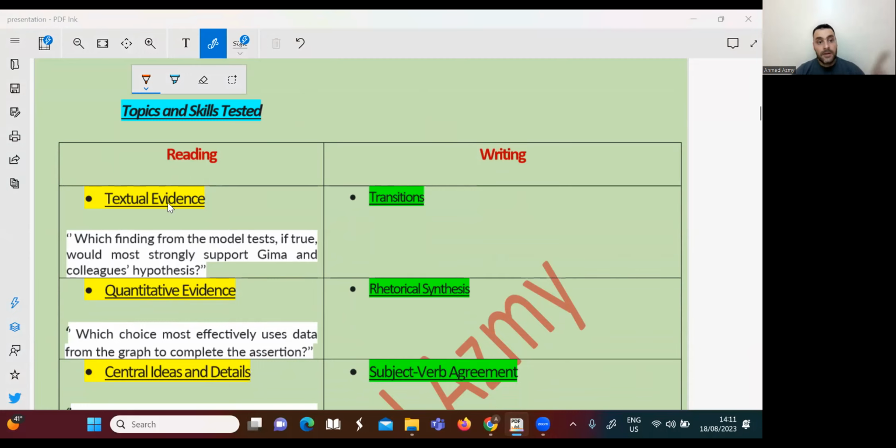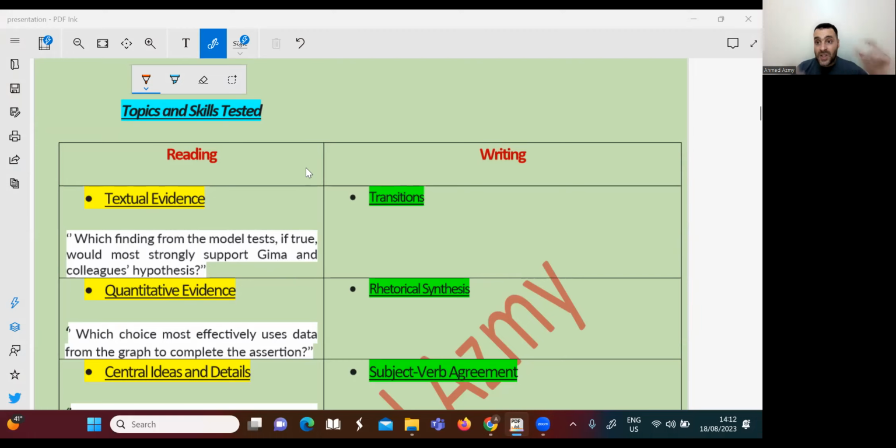The first reading skill you will be tested on is textual evidence. Stay with me, please, Ibarra. This is the type of question: you will be provided with a short text, and you will be asked which finding from the model, if true, would strongly support a hypothesis in the text?